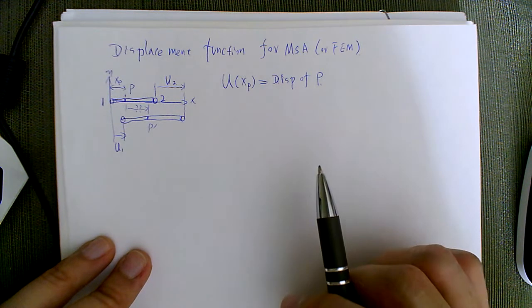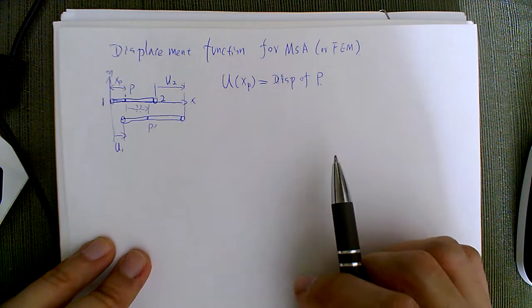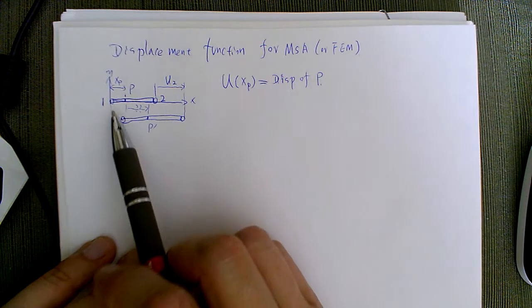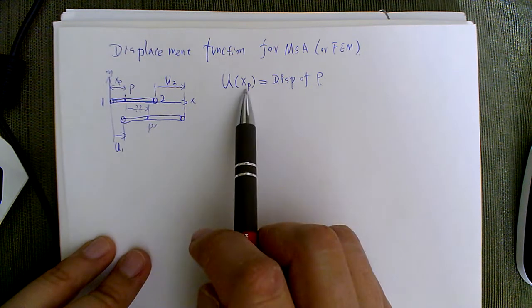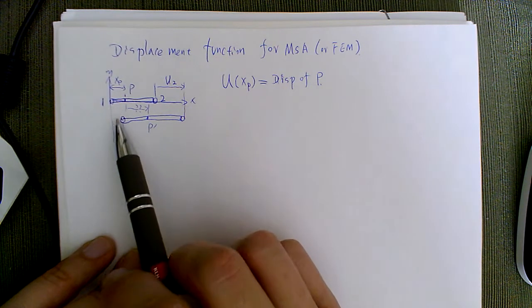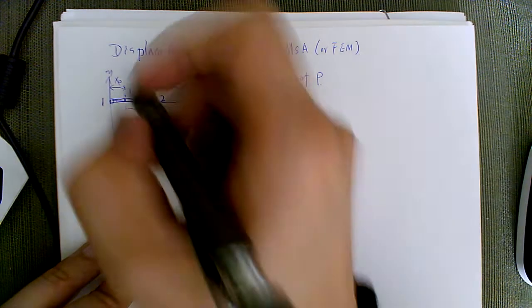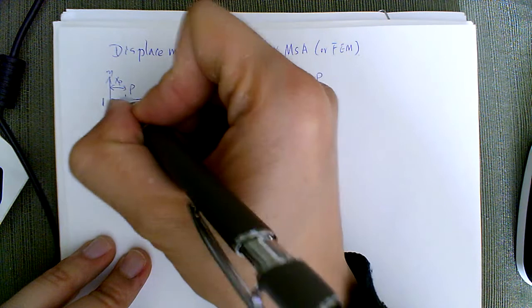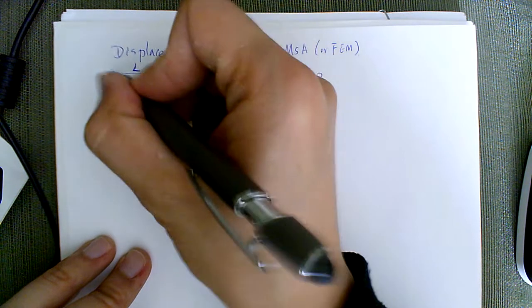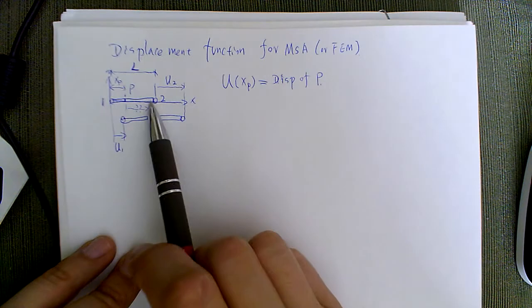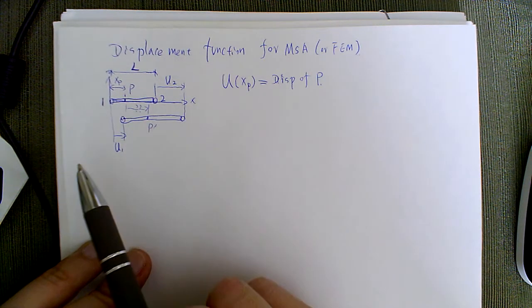It's not very apparent, but there are actually a couple of assumptions you need to make here. First of all, you could say, it looks like at node 1, if I put in x equals 0, which is here, then the movement is u1. And let's say this entire length is L. If I put in x equals L, it should give me the movement for node 2, which should be u2.